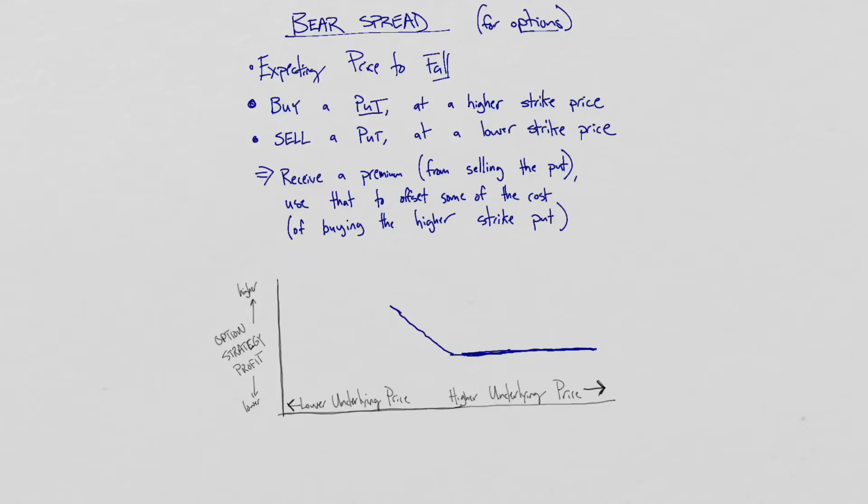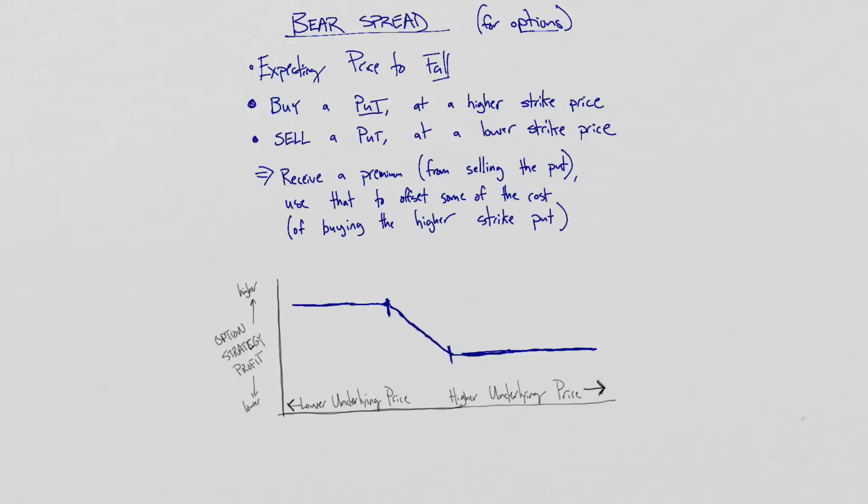But only up to a certain point, because as the stock price falls from this strike price here to the strike price that we sold our lower strike put at, then our position is kind of flattened out. That is, the gains from buying the higher strike put are offset by the losses on selling the lower strike.